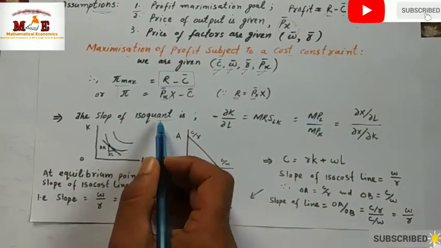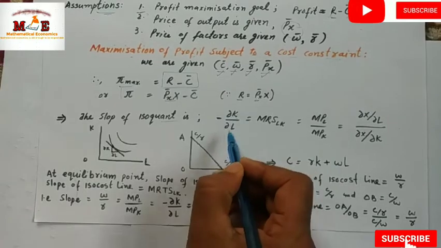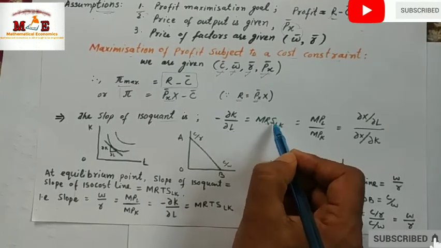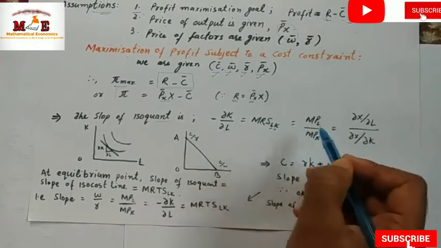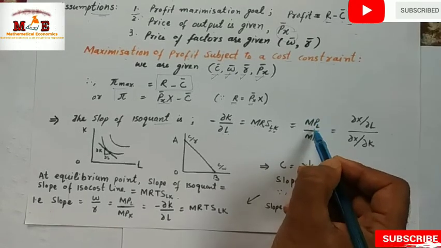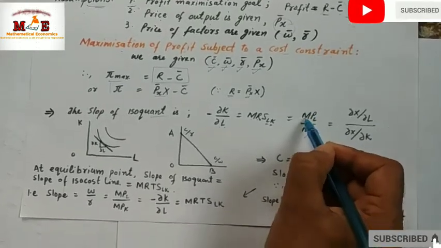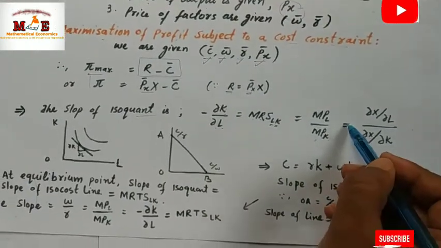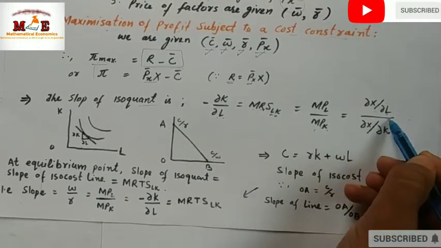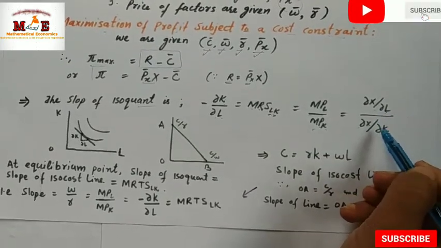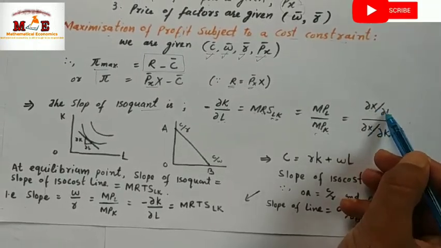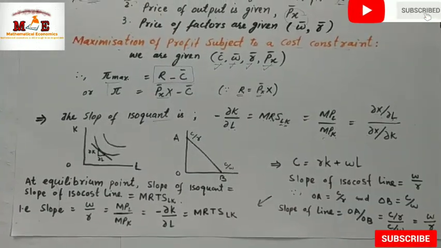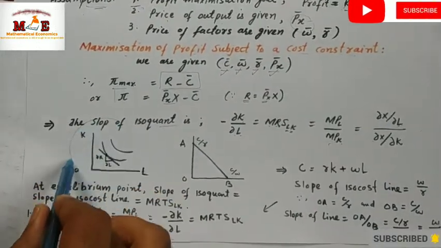The slope of the isoquant is minus del K divided by del L, which is equal to MRS LK, read as marginal rate of substitution of labor for capital, which again is equal to MPL divided by MPK, read as marginal product of labor divided by the marginal product of capital, which again is equal to del x divided by del L whole divided by del x divided by del K, which is read as change in x due to change in L divided by change in x due to change in K. And this is our isoquant map.